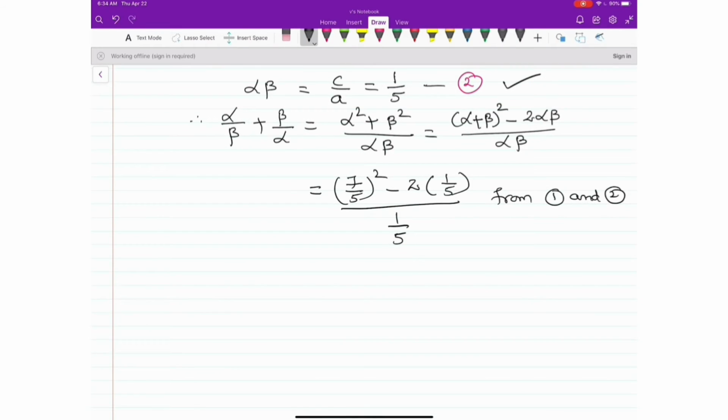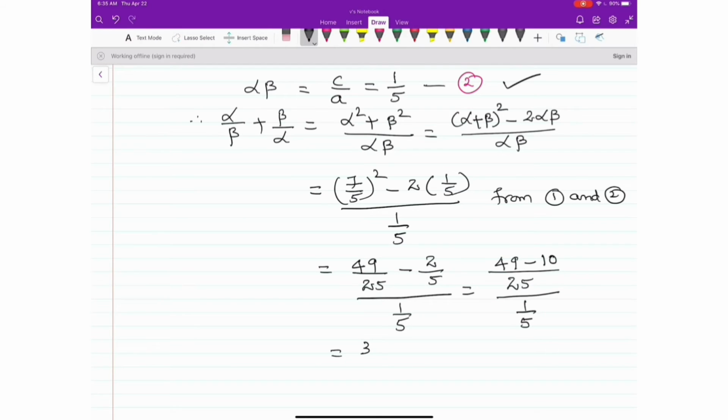When I simplify this, I get (49/25 − 2/5)/(1/5). Taking the LCM of 25, that is (49 − 10)/25 divided by 1/5, which is 39/25 × 5.